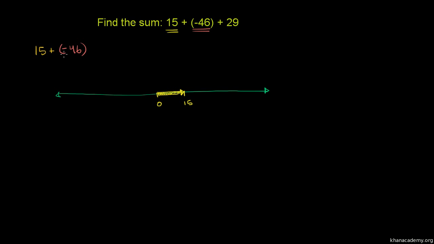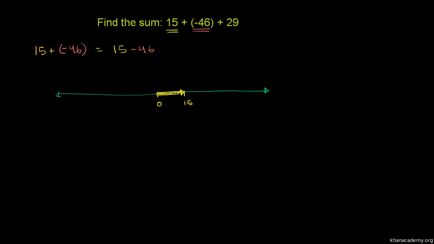Now, we're adding negative 46 to that 15. This is equivalent to 15 minus 46, which means we are going to move 46 spots to the left of 15. Negative sign or minus means we're moving to the left on the number line.